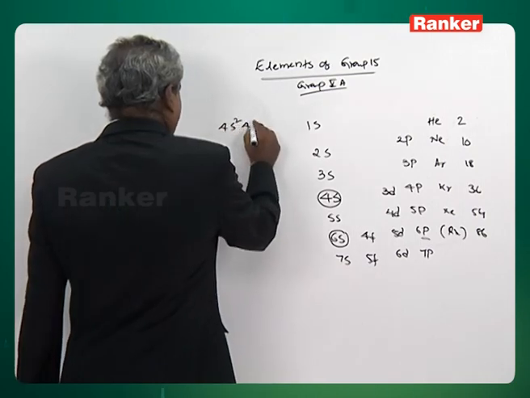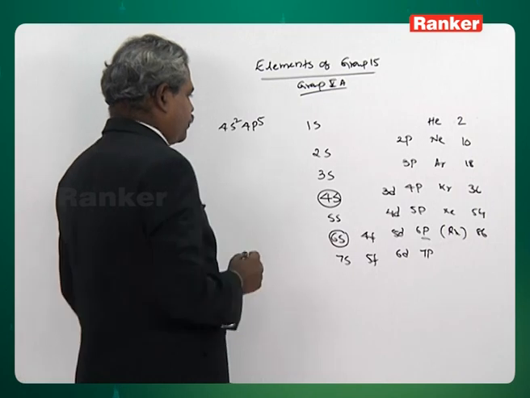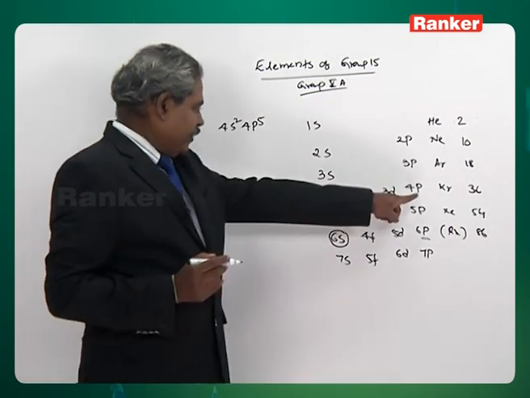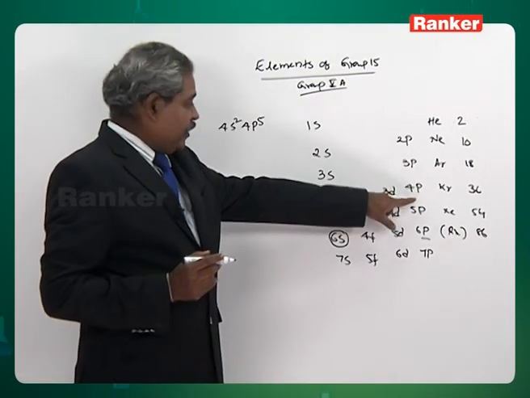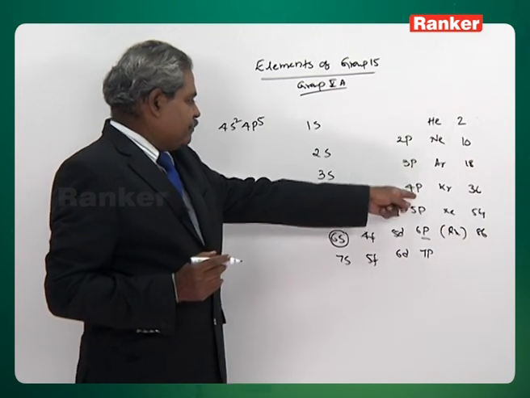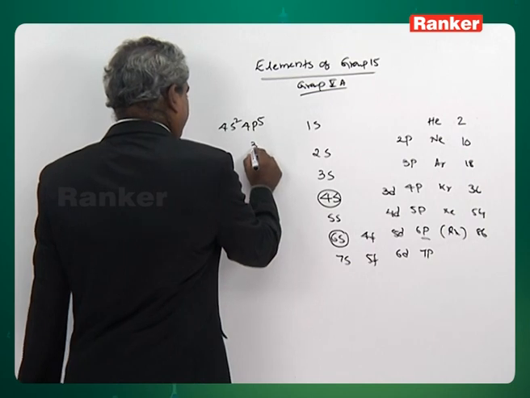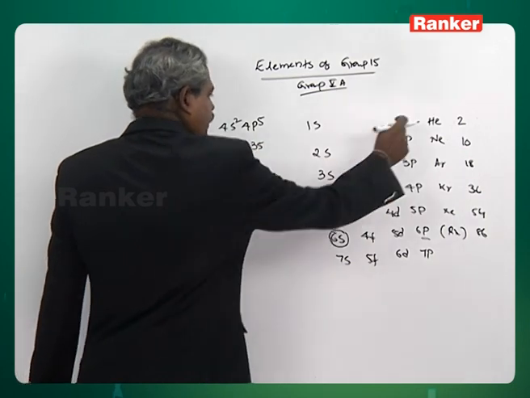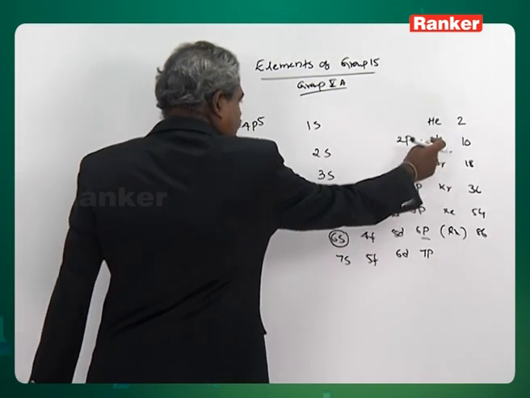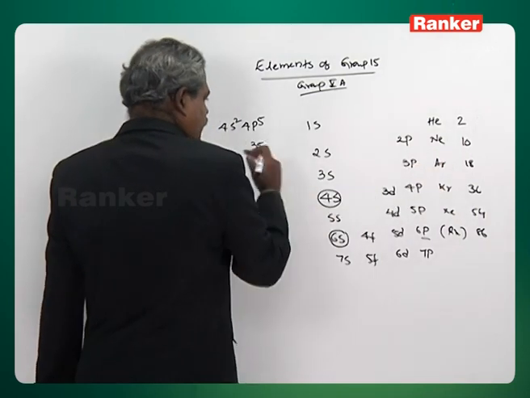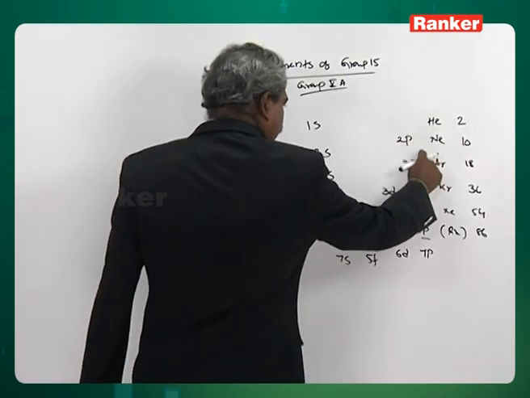4s2, 4p5. Where should you directly take me to? 4p5. 4p6, the end of fourth period is krypton, 36. So this is 35. So helium, neon, argon, krypton, just one element behind. Fluorine, chlorine, bromine.